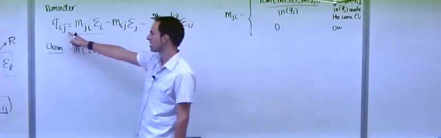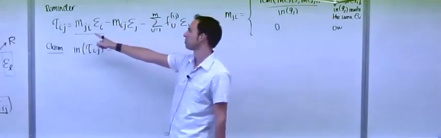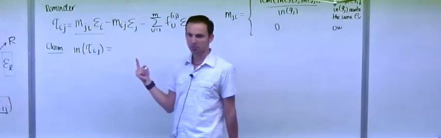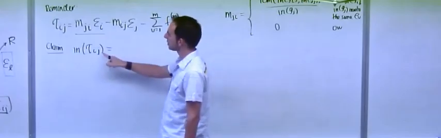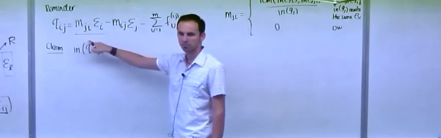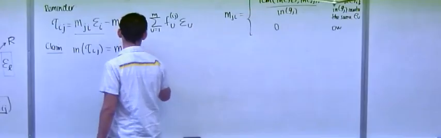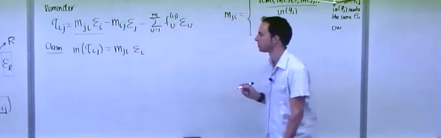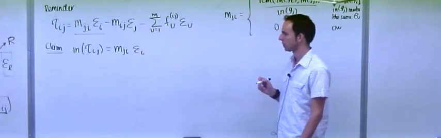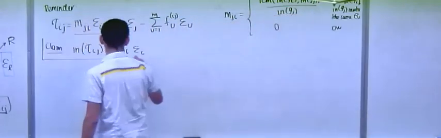Tau_ij is some big thing, and we need one of the terms to be the smallest one, the greatest one, and it's going to turn out to be just this one. Not this one, not these. It's going to always be the first one that we wrote down. Okay? So let me put this in a little box because this is important for our proof.